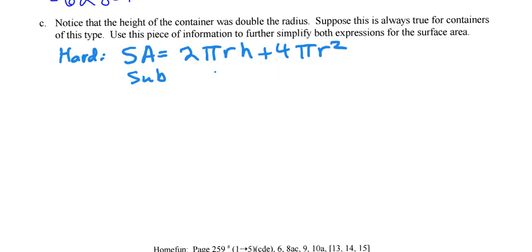Okay, so for the hard problem, we literally just start with our basic equation. And all we're going to do is sub the height, what it says the height is, double the radius. So we say h is equal to 2r. So let's go and substitute in and see what we get.